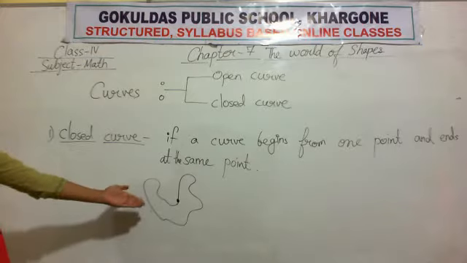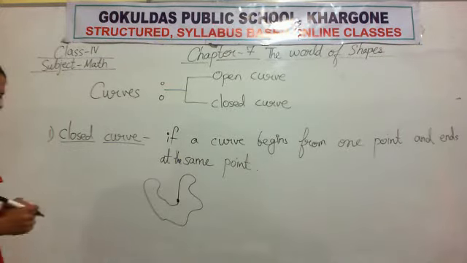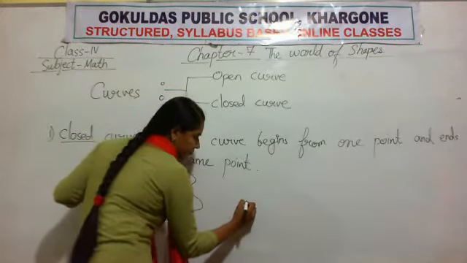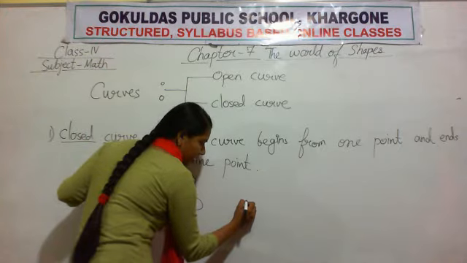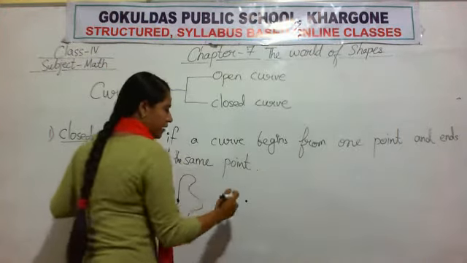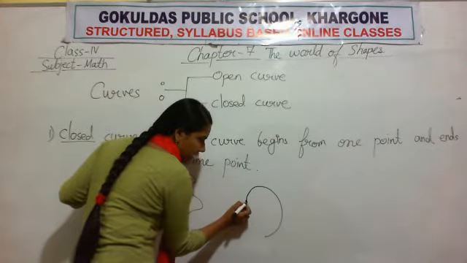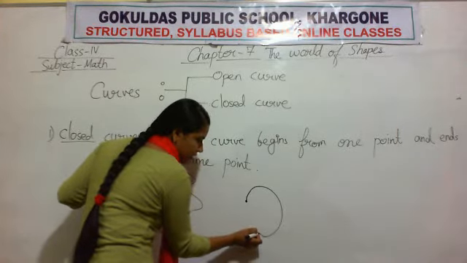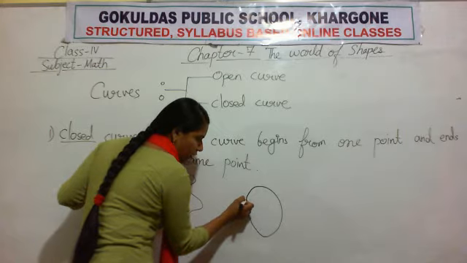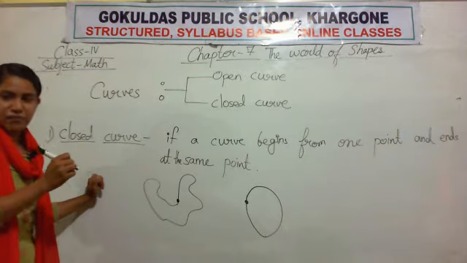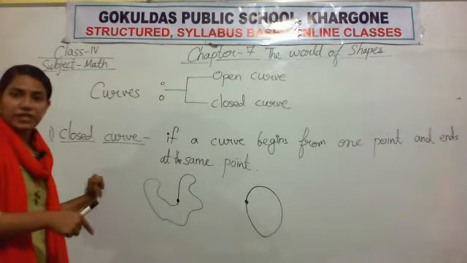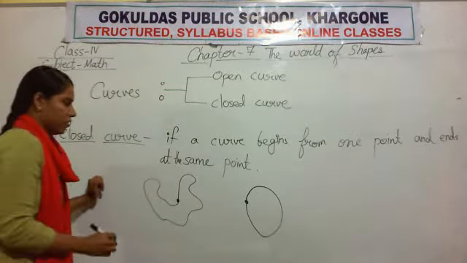Suppose I am drawing a curve. Curve means a bent line. The starting point of the curve is this, and the ending point is also the same. The starting and ending point is common, so it is a closed curve.